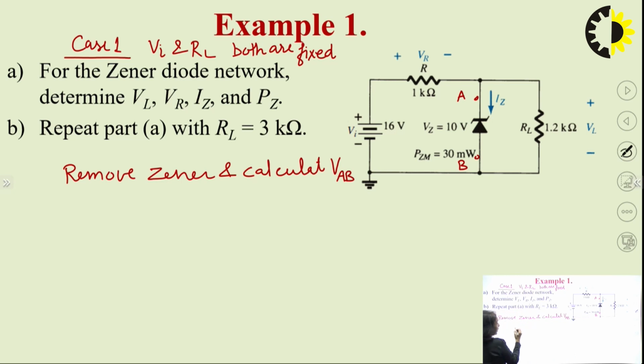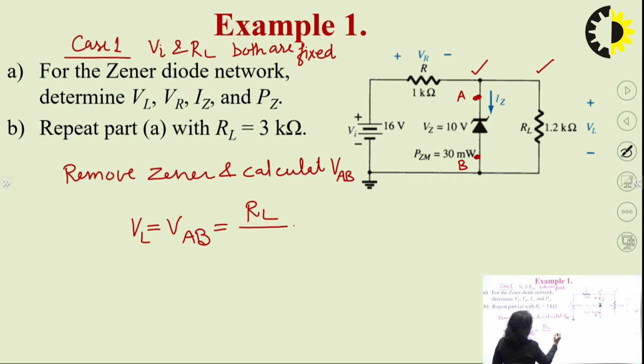So if we remove the Zener diode from here, from this terminal VAB, and calculate the voltage across the terminal VAB, we can see that this VAB is in parallel with the load resistance. So VAB is nothing but equal to the voltage appearing across the load resistance RL. So I can say that VL is equal to VAB, and that is equal to RL by R plus RL times Vi.